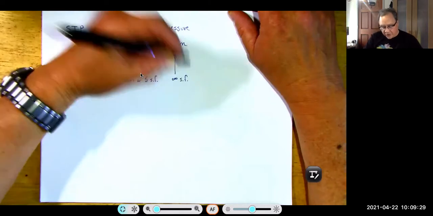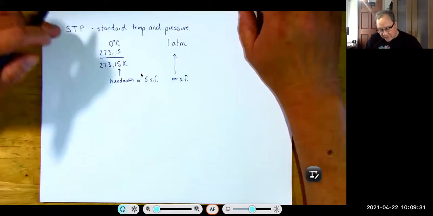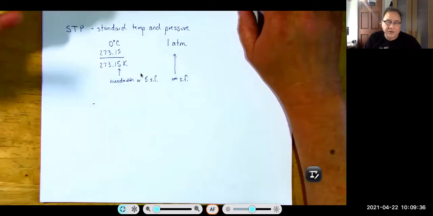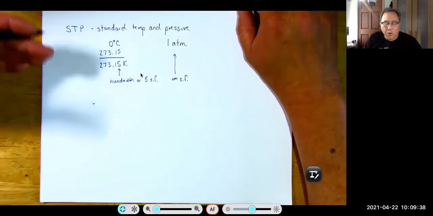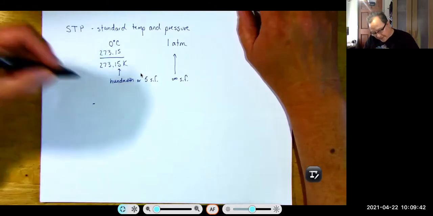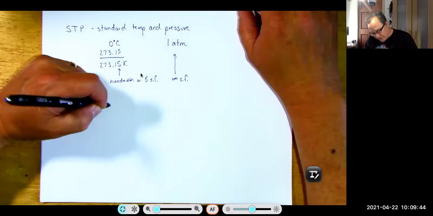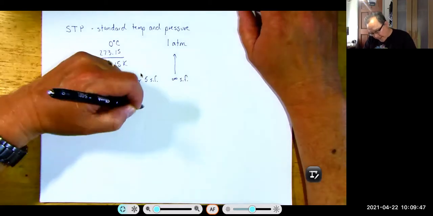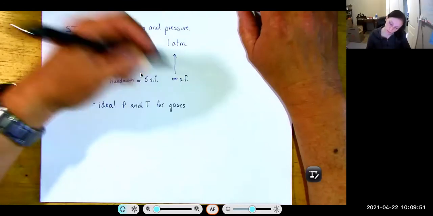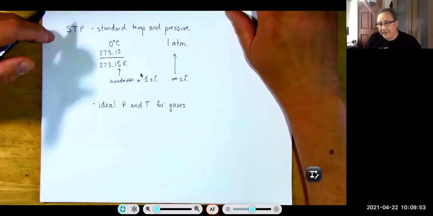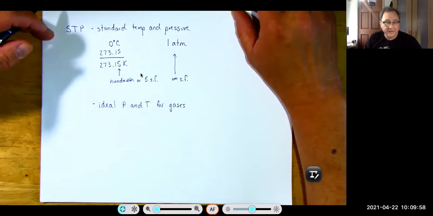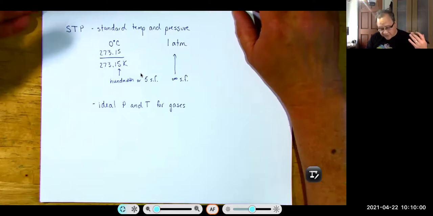So standard temp and pressure are the temp and pressure at which a gas would be more ideal. These are the ideal pressure and temp for gases. That means if you have a higher or lower pressure, it would be less ideal. And if you had a higher or lower temp, it would be less ideal. Fair enough? Okay, so that's real easy.